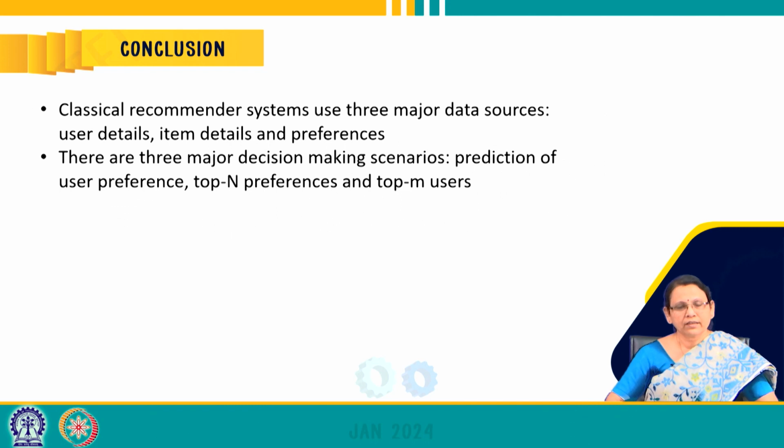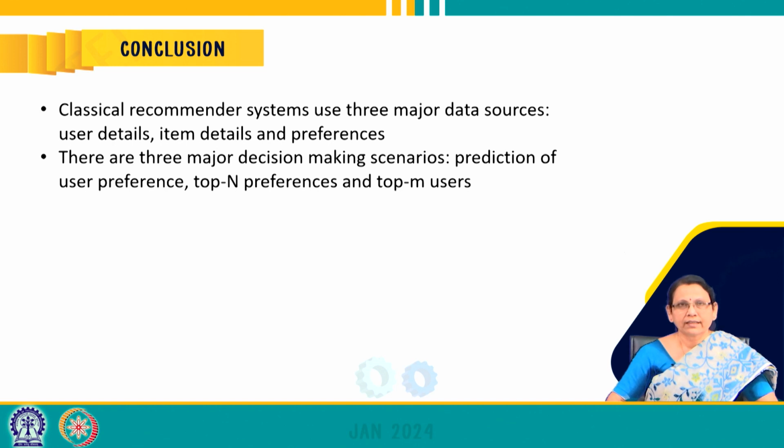Here we tried looking at the major data sources that are used by classical recommender systems. There are 3 major data sources. One is user detail, then item detail, and then preferences. And these preferences are in the form of a matrix which has the dimension, the number of users cross number of items.